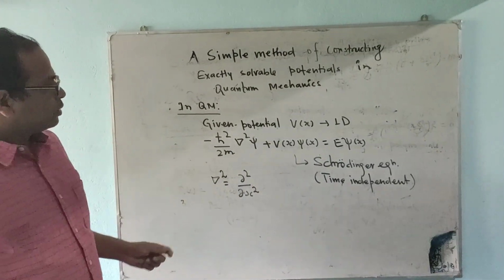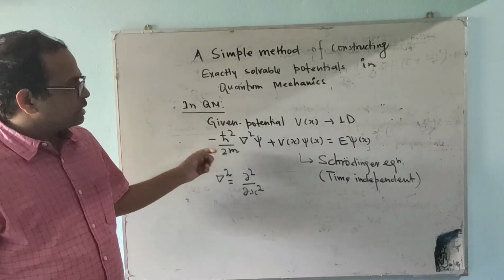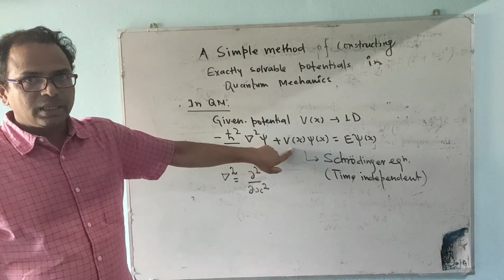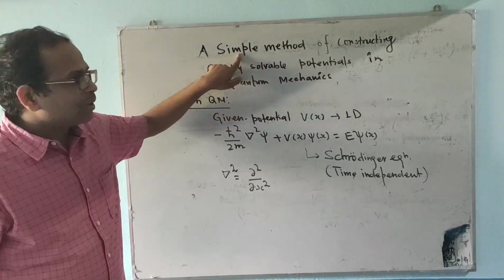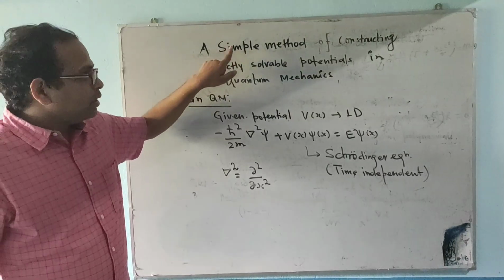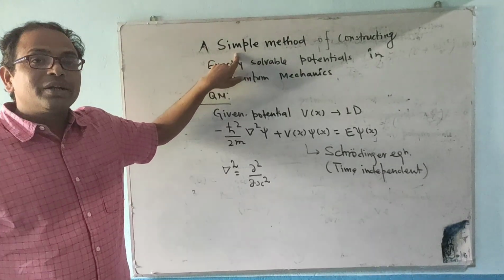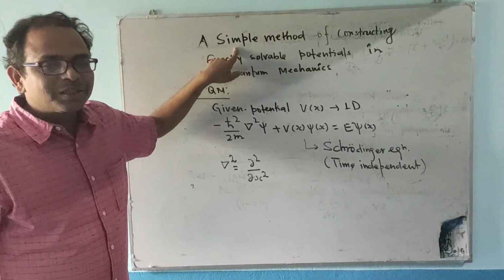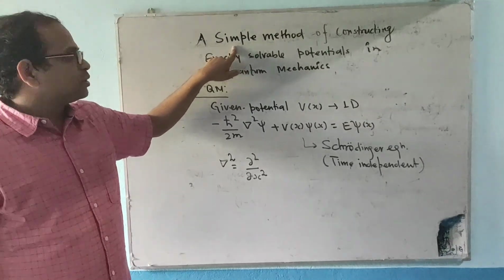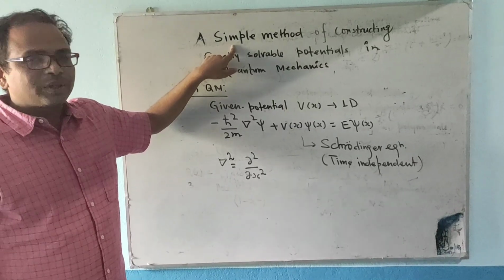In this conventional method, if you have the potential, then you can find the solution. But by using the simple method, you can not only find the solution of the given potential, you can generate the potential and find the complete solution of that potential.